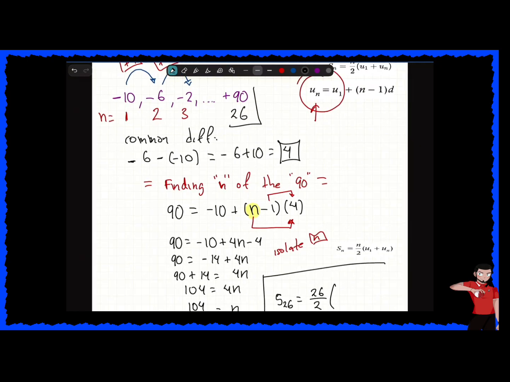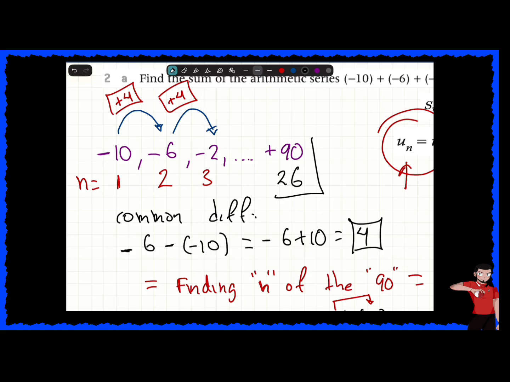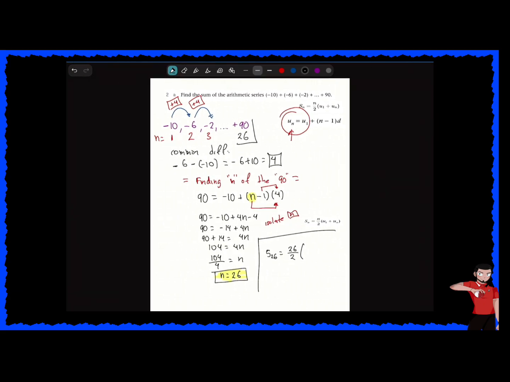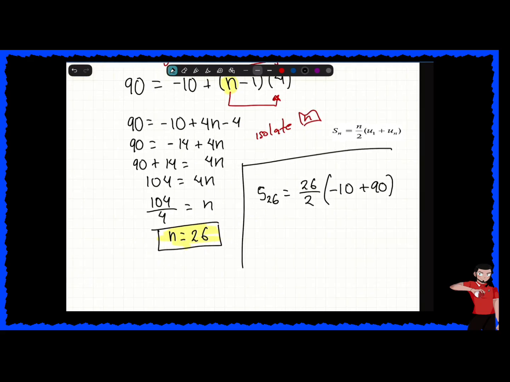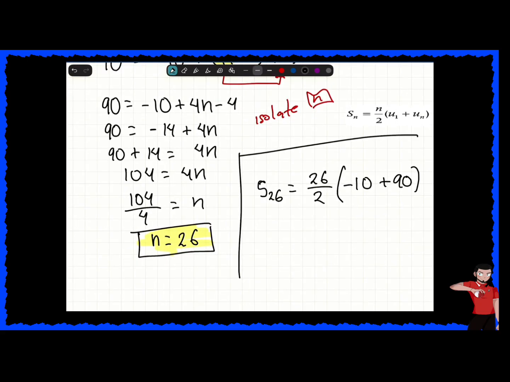What is the first number? Pay attention here, minus 10 and 90. So this is minus 10 plus 90. This is the first position, the last, now the number 1. Now let me show you this one. This is the number using the position 1 and the number using the last position.